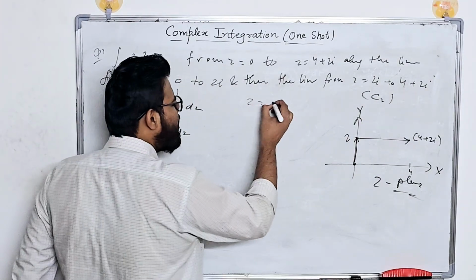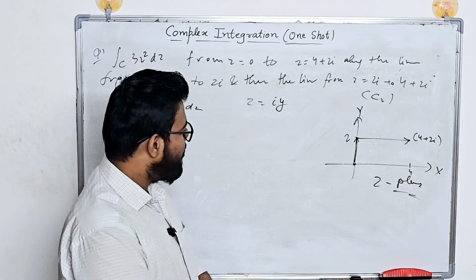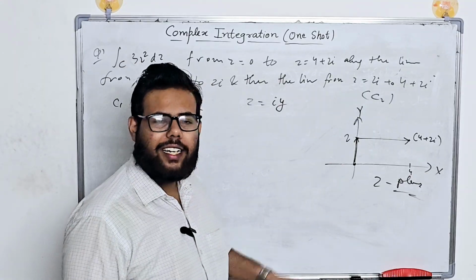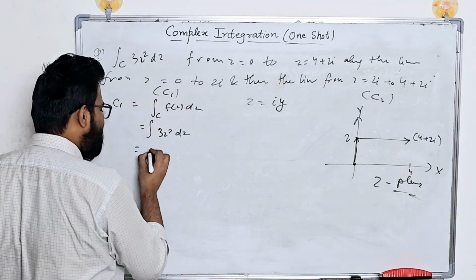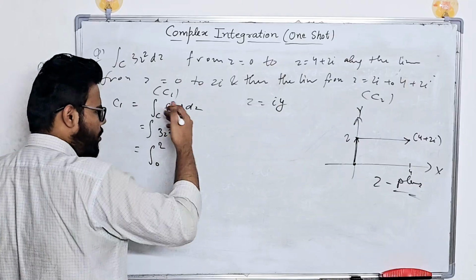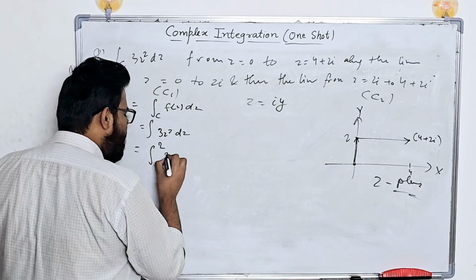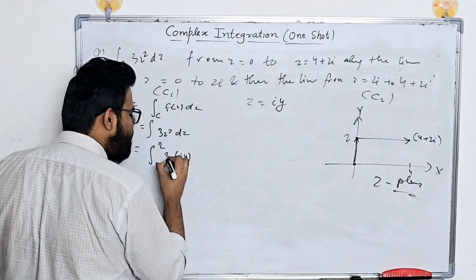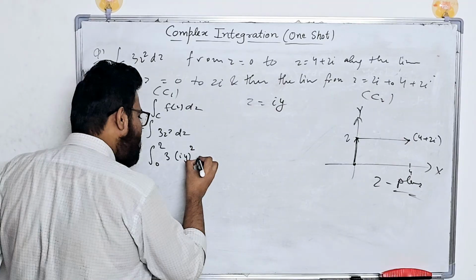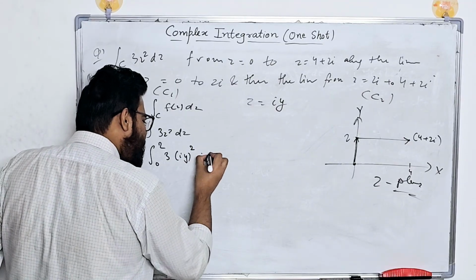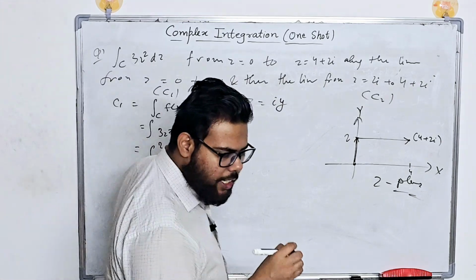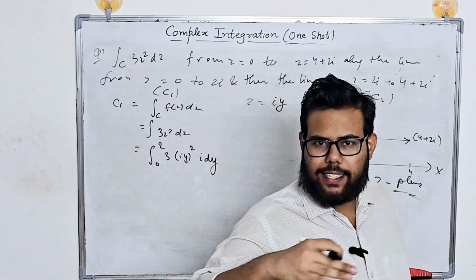Well, z is equal to iy because it is along the vertical axis, right? Hence, it is the integral from 0 to 2, because it is going from 0 to 2, right? Of the quantity 3 times (iy) squared, i dy. Why is there no dx term over here? Because there is no change along the x axis, right?